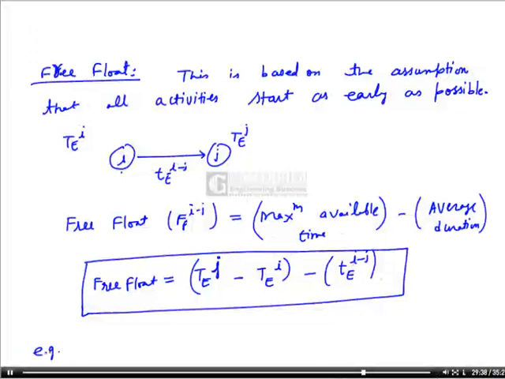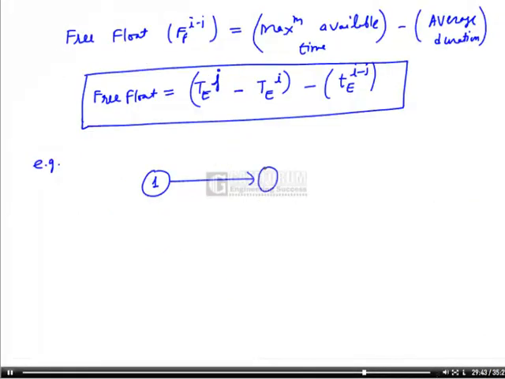Let us take one example. This is event 1, this is event 2, given t equal to 5, average duration is 10, this is given as 17, this TL is given as 19, and this TL is given as 16. For this we have to find out free float. So maximum available time will be 17 minus 5, assuming all activities start as early as possible.